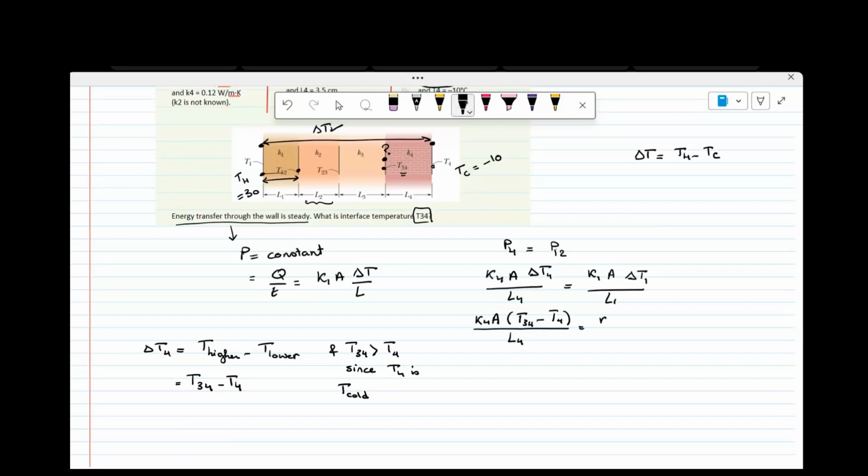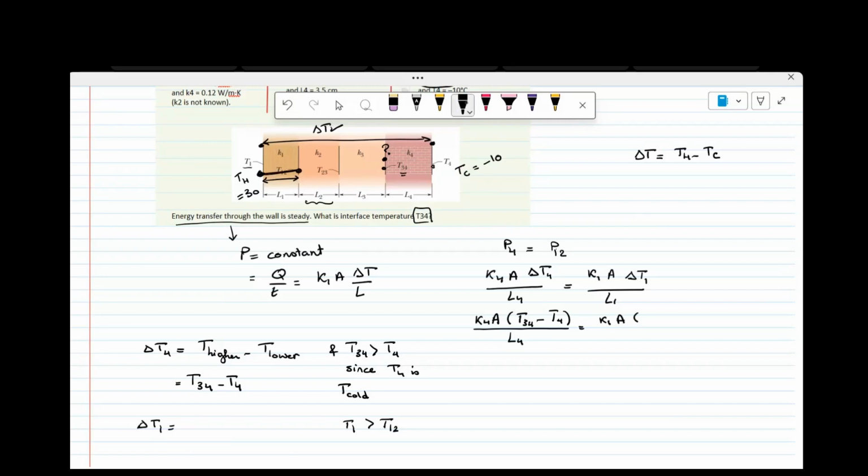And here I have K1A. Delta T1 is going to be, again, T higher minus T lower between the temperatures across layer 1. And across layer 1, I have T1, which is greater than T12. This is layer 1, and these are the temperatures at its ends.